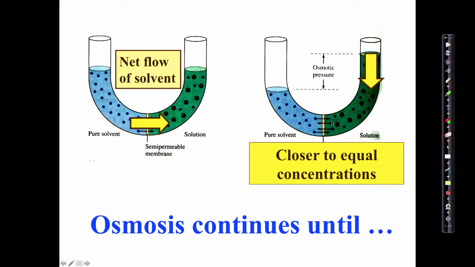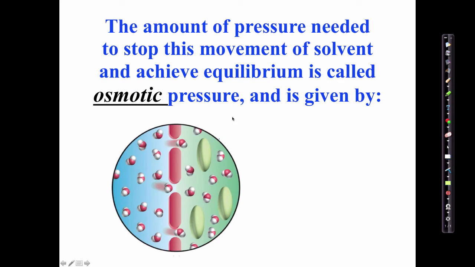We won't typically have equal concentrations because we still have pure solvent over here and the solution's getting more dilute over here, but the concentrations get closer. And so anyhow, the net effect is that the amount of pressure that we need to stop net movement of solvent and end up having equilibrium is called osmotic pressure.